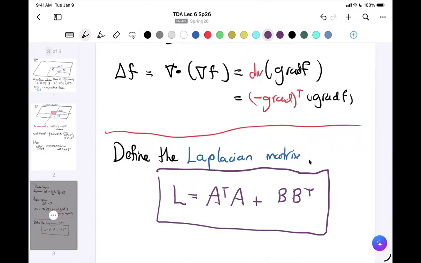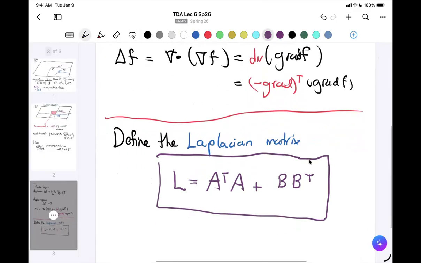This is going to be the most important matrix in the entire course, basically. We will use it over and over and over again, in multiple situations.